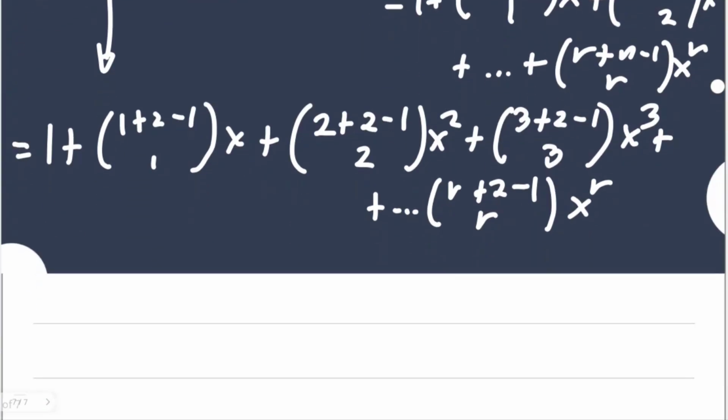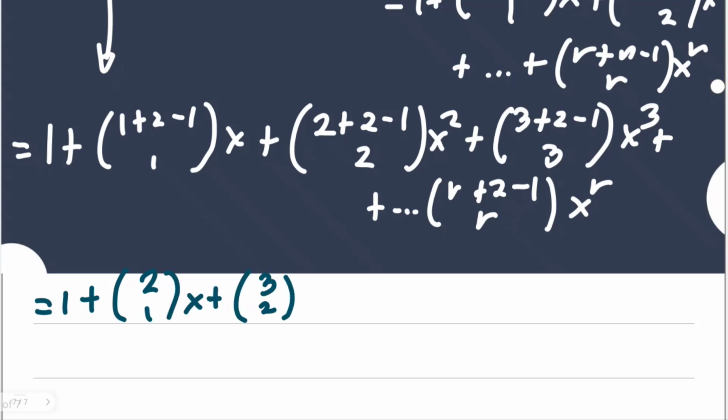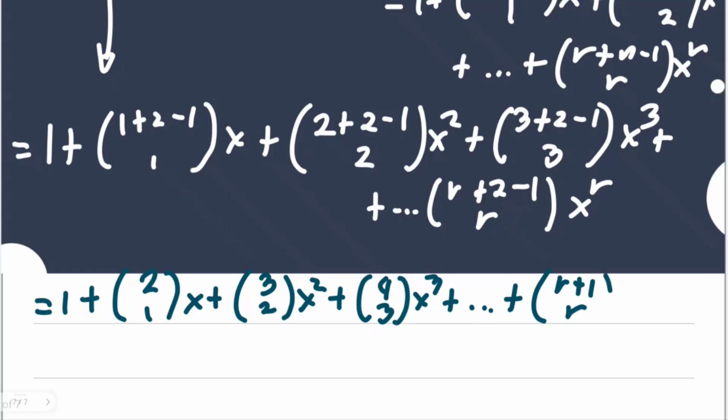So with that, you can have here 1 plus 2 combination 1 x plus 3 combination 2 x squared plus 3 plus 2 is 5 minus 1, so 4 combination 3 x cubed plus, until you will have the final form here of r plus 1 combination r x to the power of r.